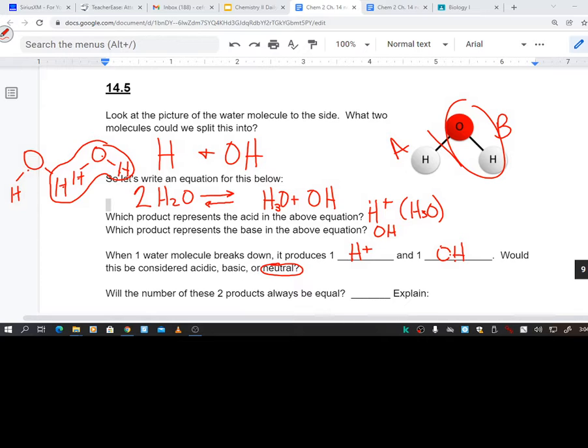So every time I have a water break down or steal this hydrogen, there's my acid, but there's also a base. It's always the same. If it's just pure water, I'm never going to be more acidic, because every time one breaks down, you get an acid and a base. So you're never making more acid than base. It's not possible. Or the opposite, you're never making more base than acid. It's just not possible, right?